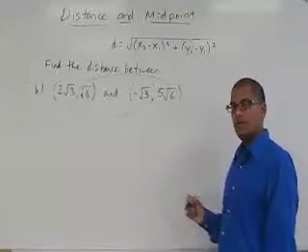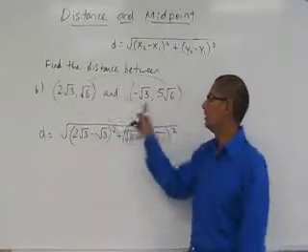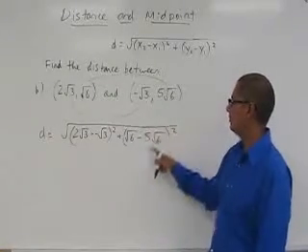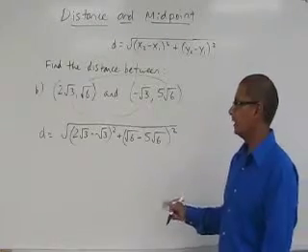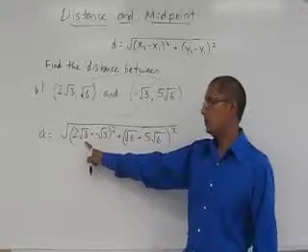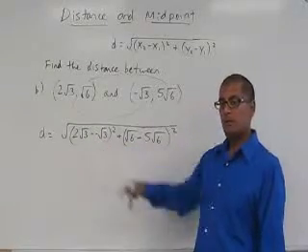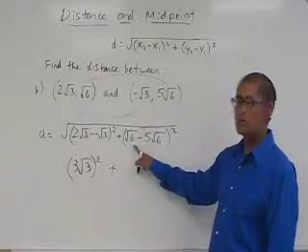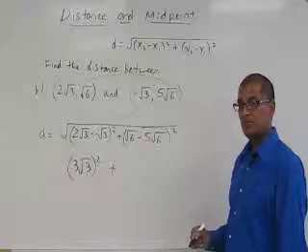So we get 2 root 3 minus negative root 3 squared plus root 6 minus 5 root 6 squared. Then we perform the operations in the middle. Here we have 2 root 3 plus a root 3, which gives me 3 root 3 squared. Plus here we have 1 root 6 minus 5 root 6. So 1 minus 5 is minus 4 root 6 squared.